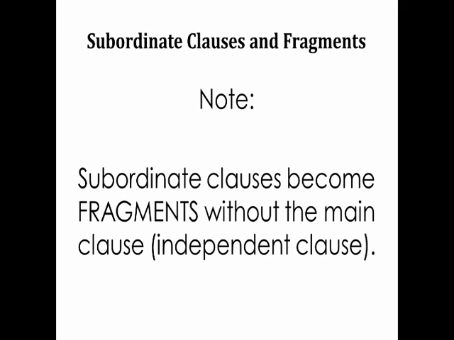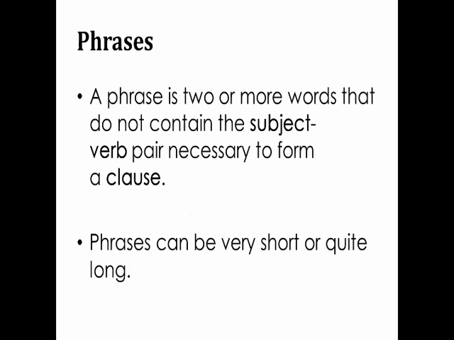Let us take note that when you use a subordinate clause and form it into a simple sentence, you will have a grammatical error and that is called a fragment. Subordinate clauses become fragments without the main clause or the independent clause, because basically you don't make sense if you make the subordinate clause your simple sentence. That's why you need the main clause or the independent clause.